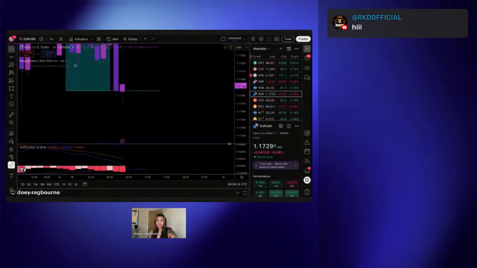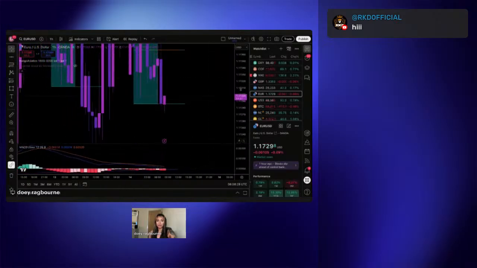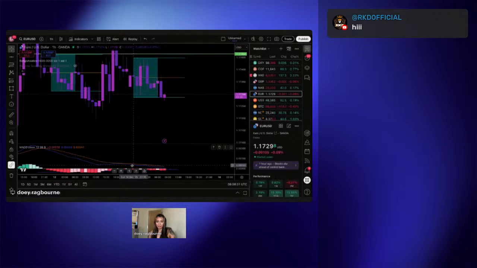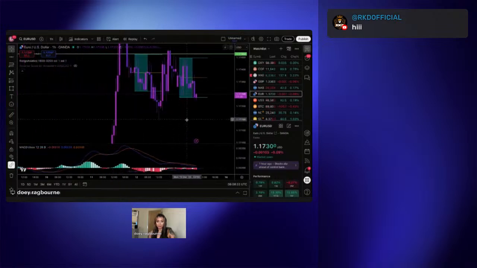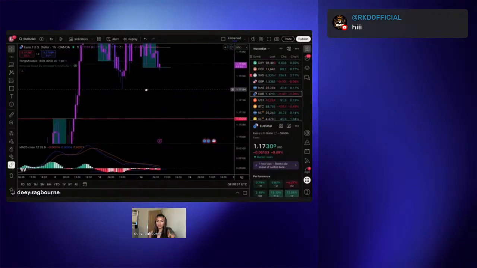You can see we're already rejecting because we didn't fully break out. I'm not looking at taking buys right now for Euro USD. I want it to pull back a little bit more.